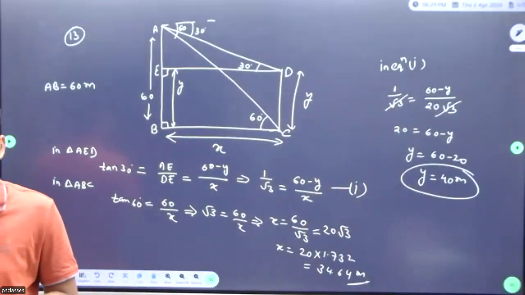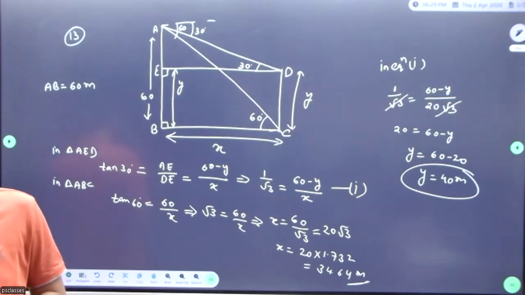Sunday 12th of April we'll have a test on trigonometry and height and distance.